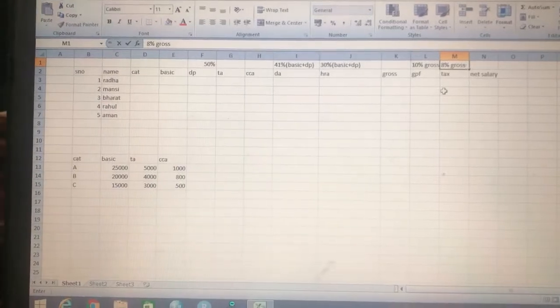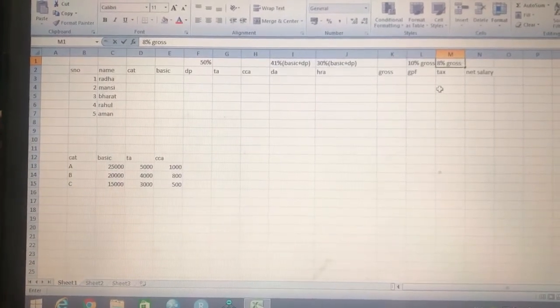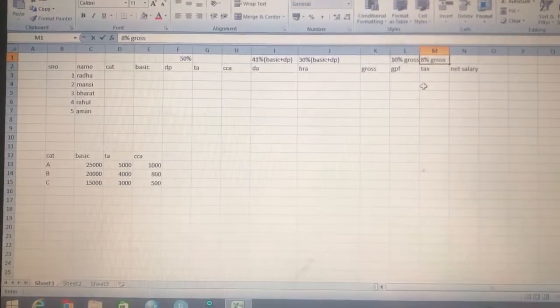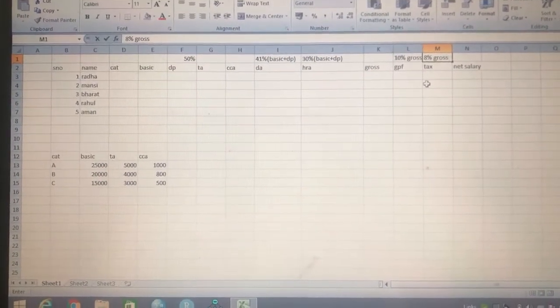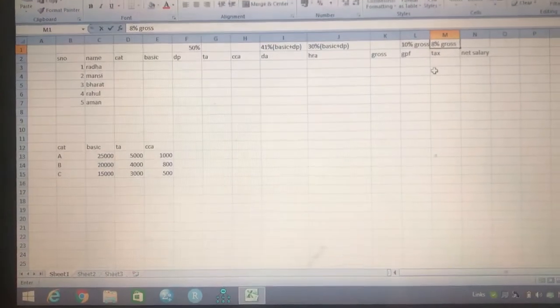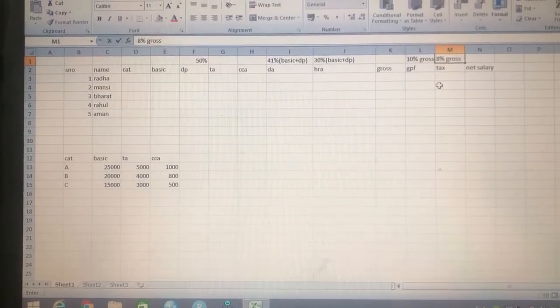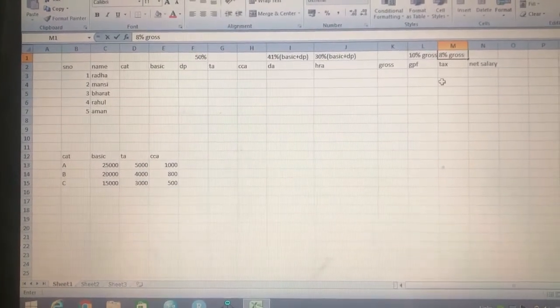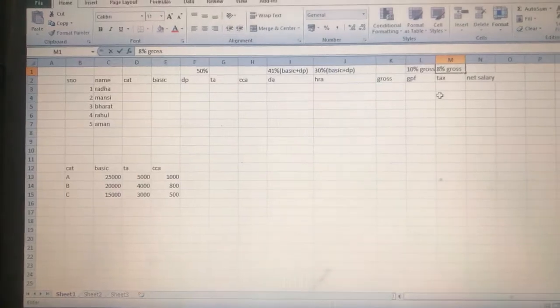For example, if the category is A, then the basic should automatically come out as 25,000, TA should also come as 5,000 and CCA as 1,000. So just by looking at the category of the employee, the system should itself take three values: number one, the basic, number two, the TA, and number three, the CCA.